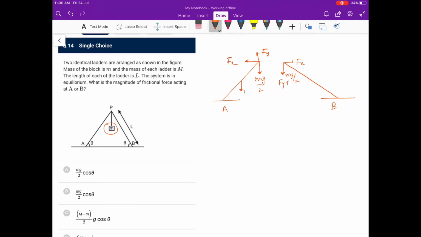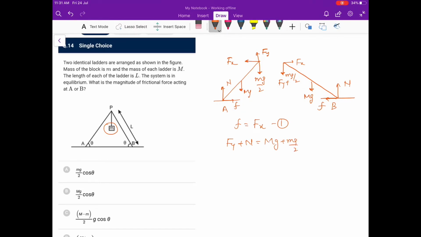Both weights Mg act at the midpoints, and from the symmetry I can say the ground will exert equal normal forces on A and B. For balancing, friction would act like this at both ends, and due to symmetry must be equal to Fx. So applying the force balances, first F is equal to Fx, second Fy plus N is equal to Mg plus mg by 2.